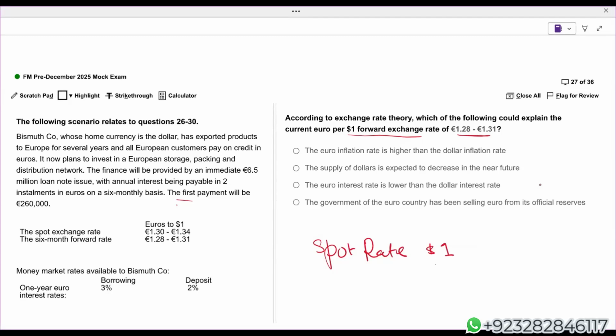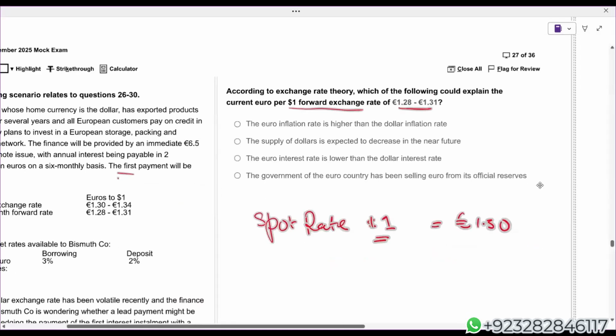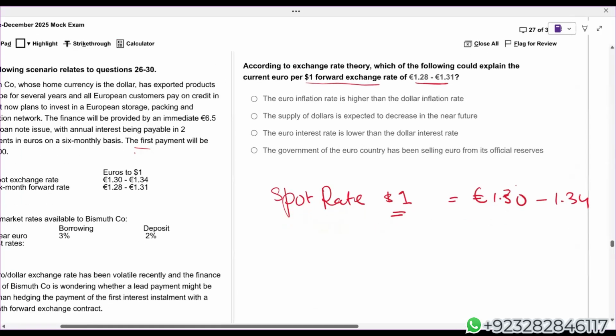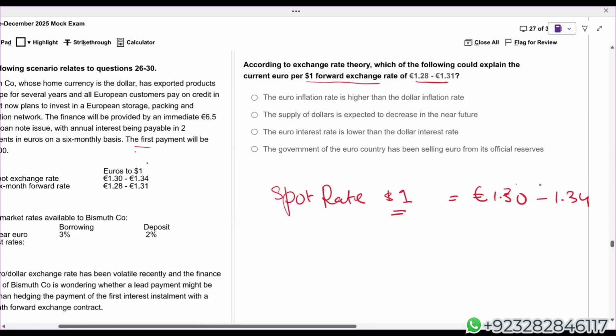Spot rate is $1, logically equal to euro 1.30 and 1.34. Of course, one is a buying rate, another is a selling rate. When we say $1, $1 comes in the denominator, euro comes in the numerator. It's an indirect quote. Indirect quote, we buy low, we sell high.